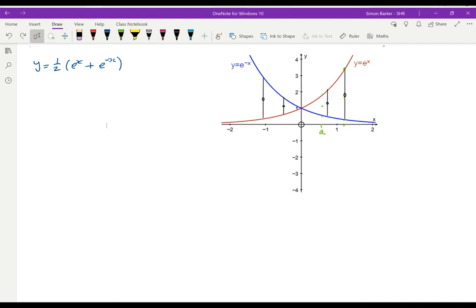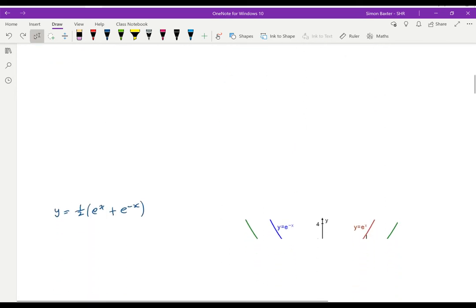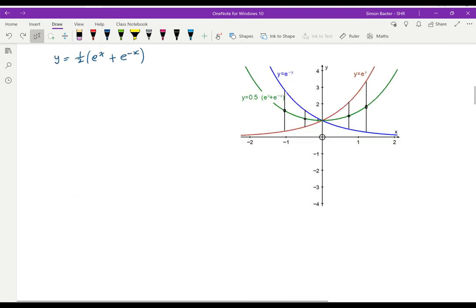I've done this for you a few times, and if we now draw the graph of y equals a half e to the x plus e to the minus x, we get exactly what we're expecting to get here. There is my half e to the x plus e to the minus x going nicely through all the midpoints.